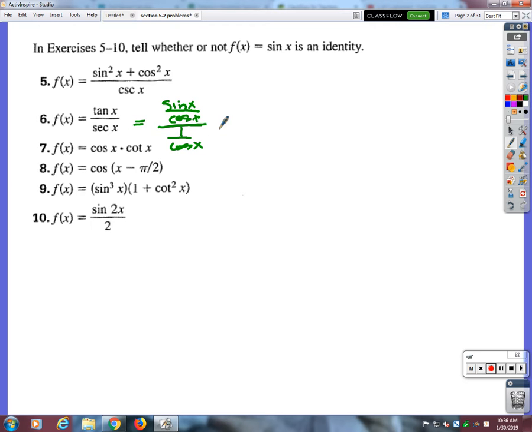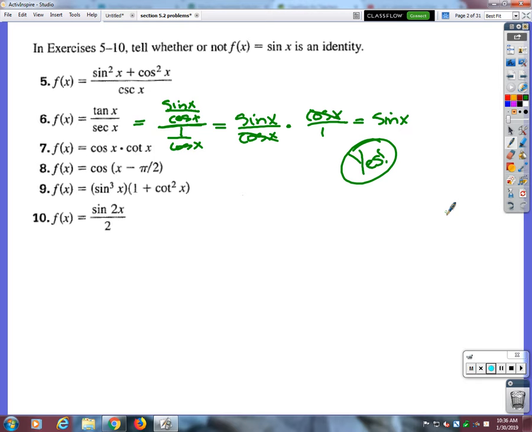Okay. What do you do when you're dividing two fractions? Multiply by the reciprocal. Remember, the top one stays the same. It does not get flipped over. The bottom one gets flipped. So those two things cancel. And I'm left with sine of x over 1 or just sine of x. So tell whether or not sine x is an identity.